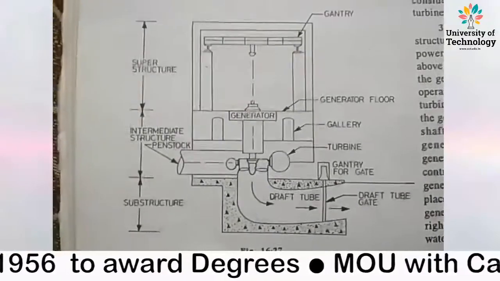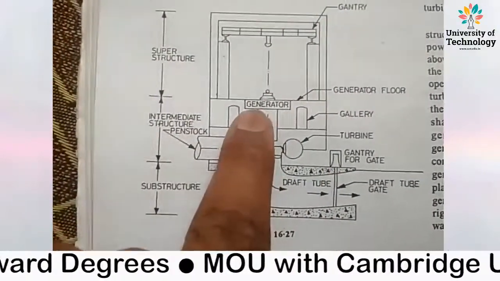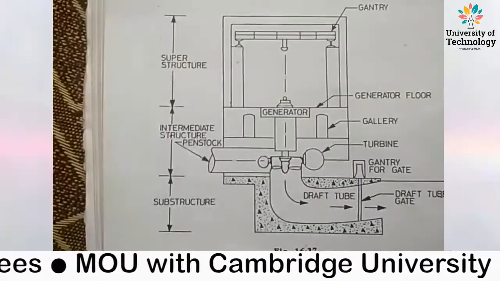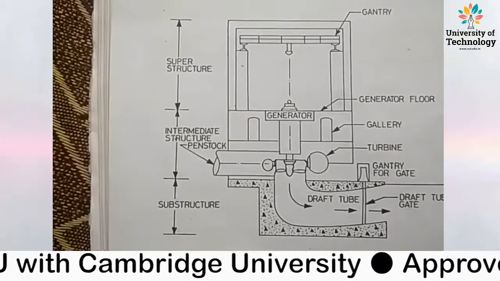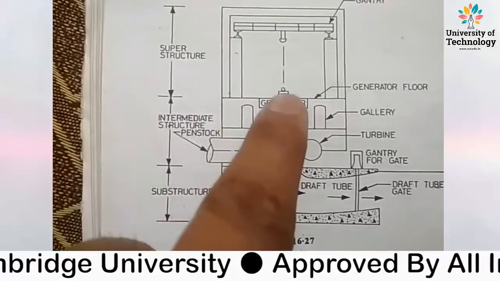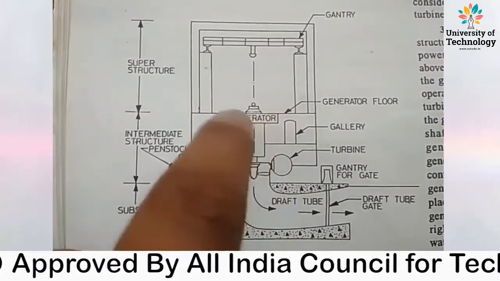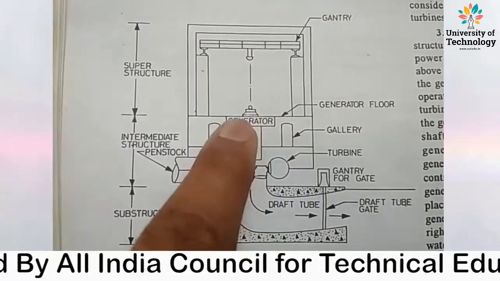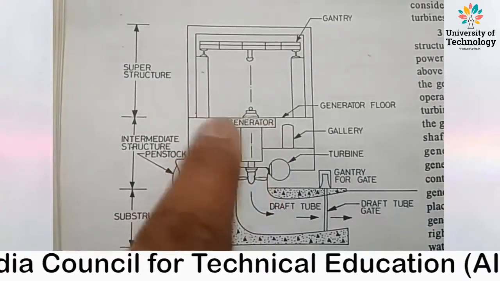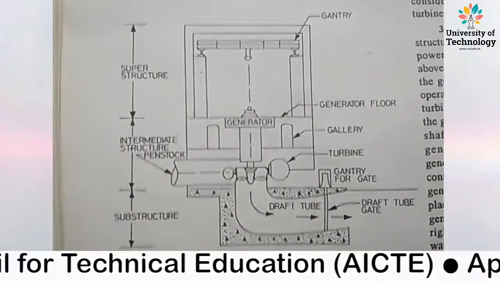All other controlling units like the switchboard and the control room may be placed just above the generator, near the generator floor, and generally a mezzanine floor is constructed here.